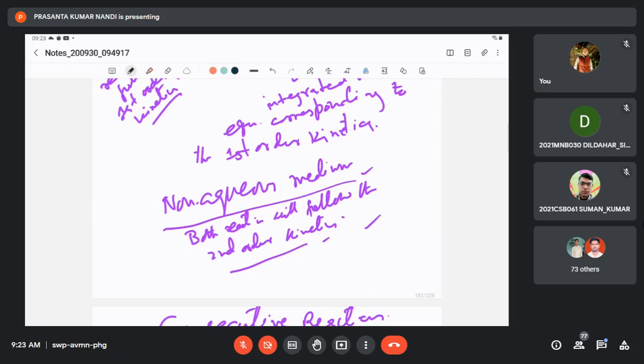In that case, the reactions would follow the normal second order kinetics.